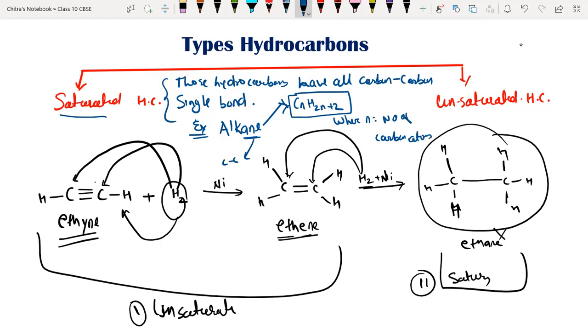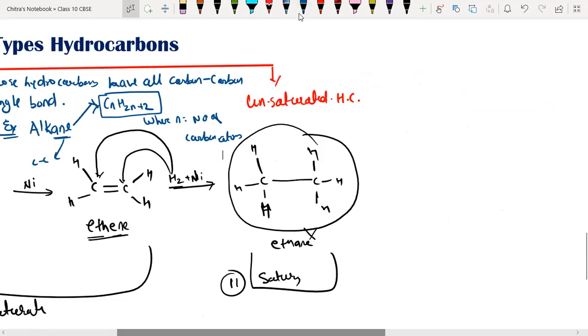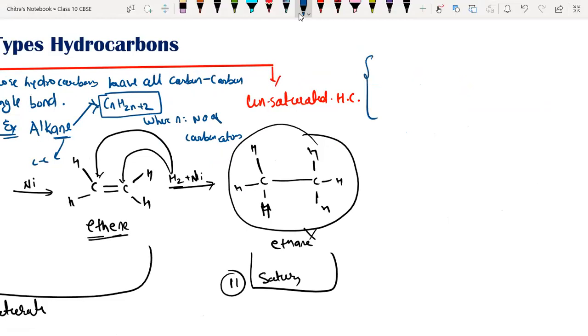Now we are going to discuss unsaturated hydrocarbon. Unsaturated hydrocarbons have carbon double bond or triple bond. I'm writing here: those hydrocarbons having at least one.